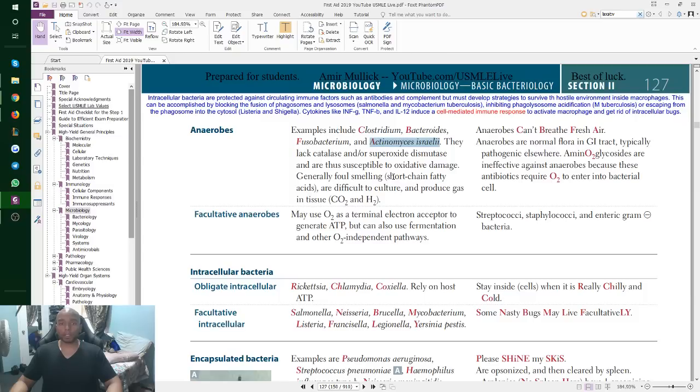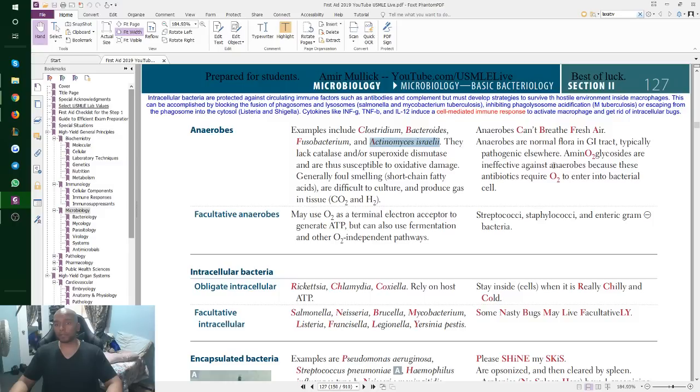Generally foul-smelling, short-chain fatty acids, are difficult to culture, and produce gas in tissue, mostly CO2 and H2. Anaerobes are normal flora in the GI tract, typically pathogenic elsewhere. So everything is okay where it's supposed to be. As soon as it's somewhere else, it's not going to work too well.